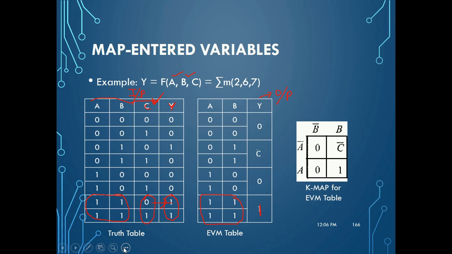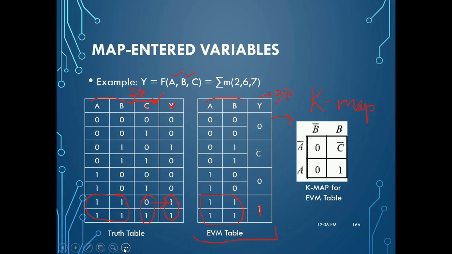So now what you can see in the EVM table, you can see that there are two variables as the input and one variable as the output. Okay, so based on this I am going to write the K map now. How to write K map? So A B variables you have actually, only two variables, and one more variable will be entered into the K map.